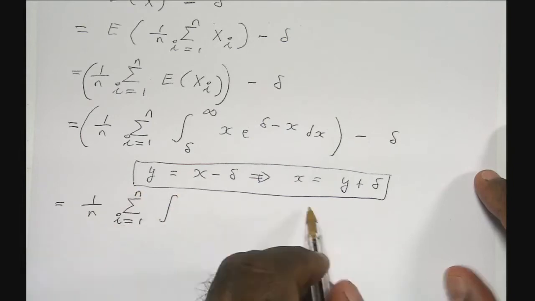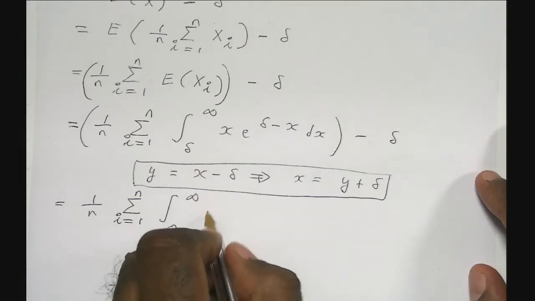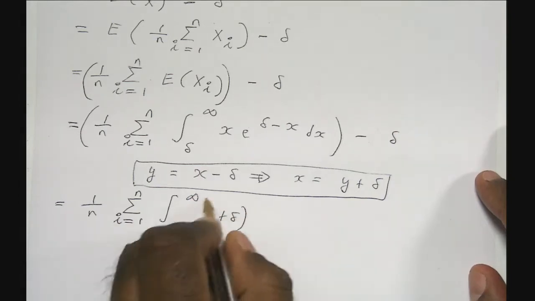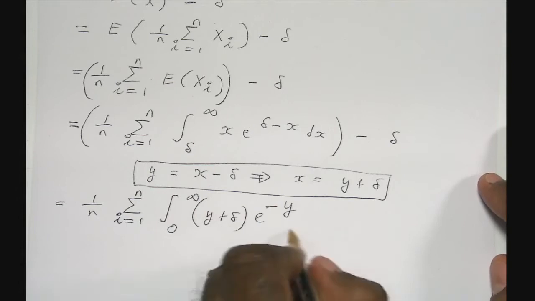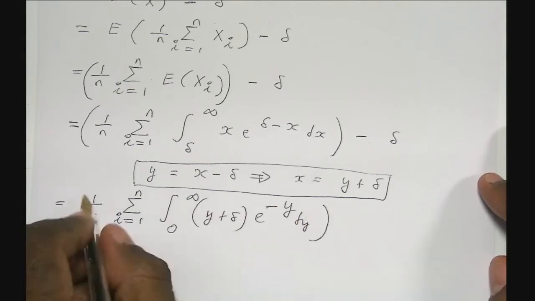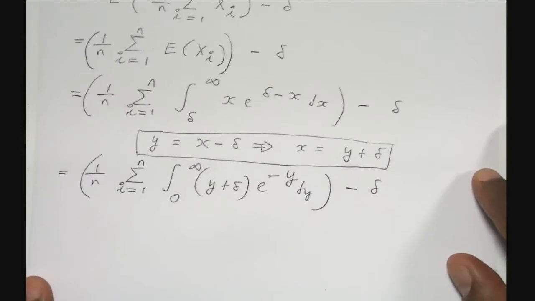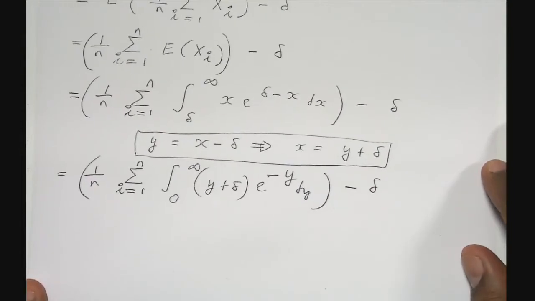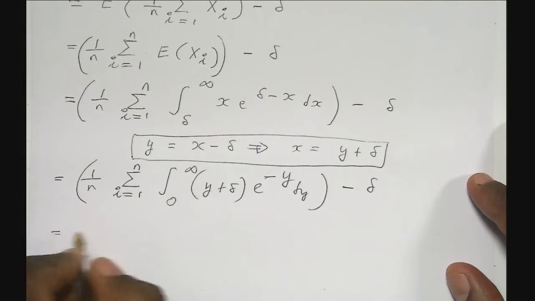Now the limits of integration will go from 0 to infinity. x will become y plus delta, and this will become e to the minus y dy. Now things are not so difficult, because what you have here is 1 over n.